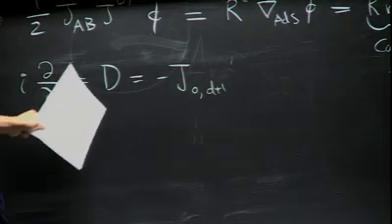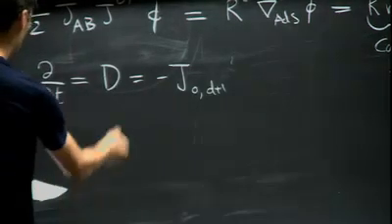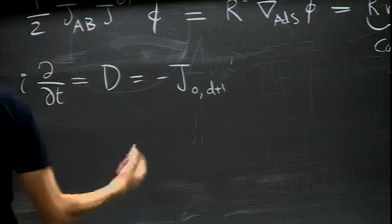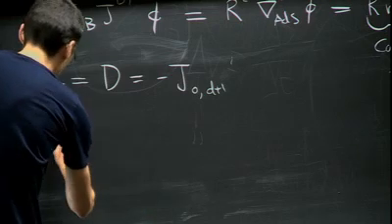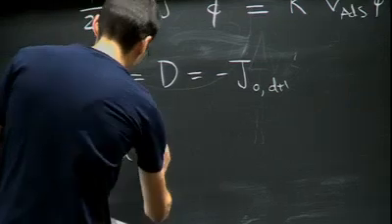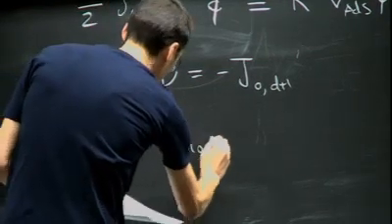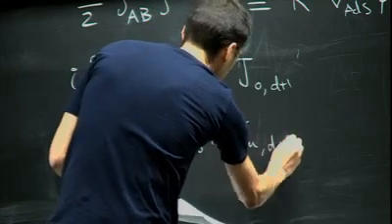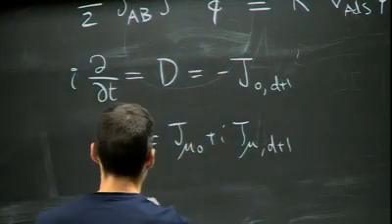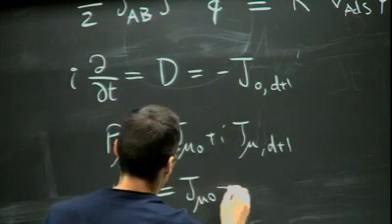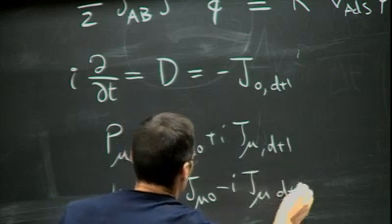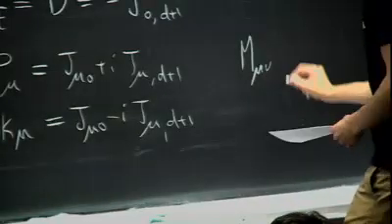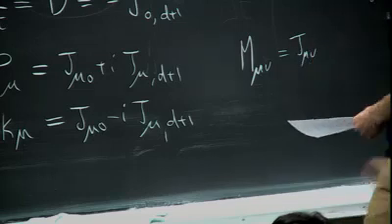I want the spectrum of this operator, but we already know that the Lorentz algebra is just the conformal algebra. So we can identify a generator P_mu, which is J_{mu 0} plus i J_{mu,d+1}, and a generator K_mu, which is J_{mu 0} minus i J_{mu,d+1}. The Lorentz generators M_{mu nu}, the rotations, are the same.